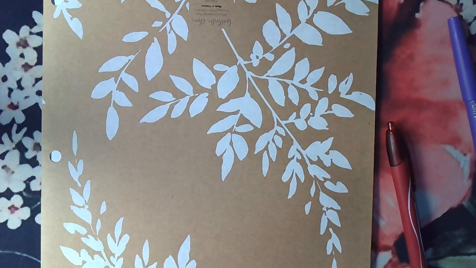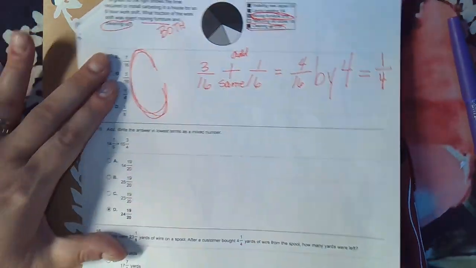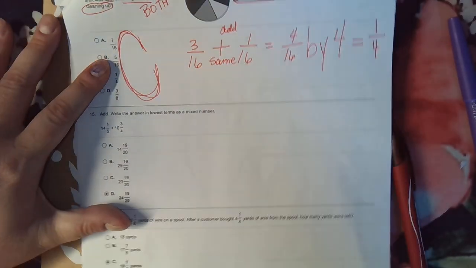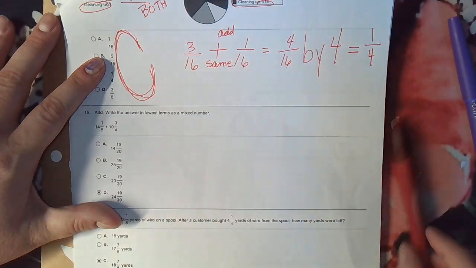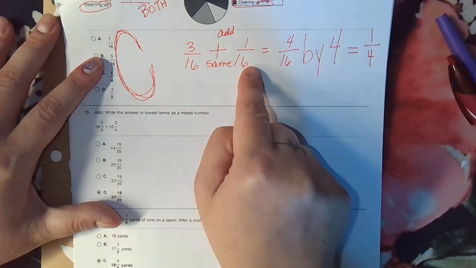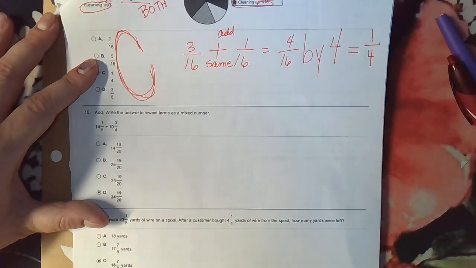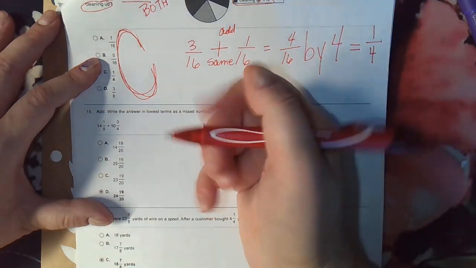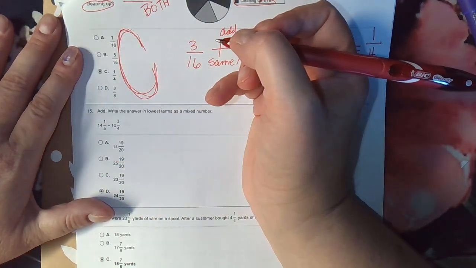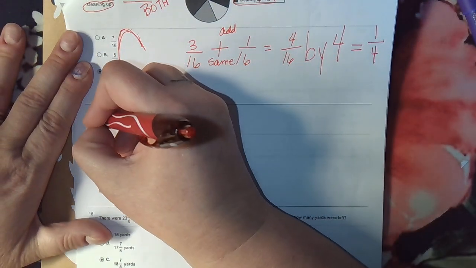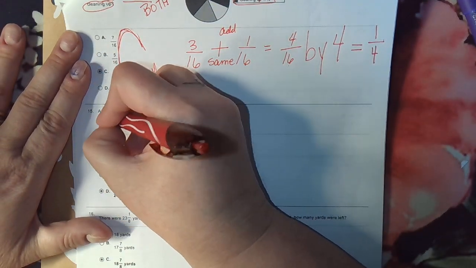All right, let's look at number 15. I'm just checking to see if we've already done it. Okay, number 15, it says add. Well, that's what we've been doing. So we're going to have to come up with an LCD to get our bottoms the same. But the only thing is we have mixed numbers here. Okay, so we're going to turn them into an improper fraction by doing Texas.